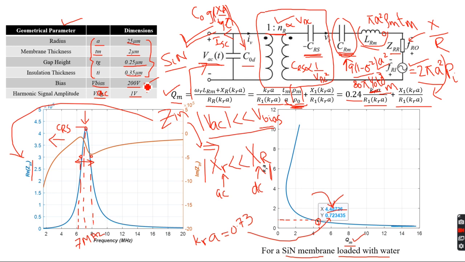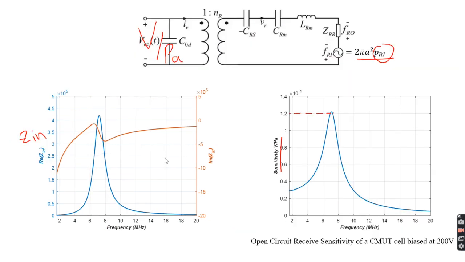It's not being driven by a harmonic signal. The harmonic signal driven was when you calculate Zin. This is just for the incoming pressure in the medium, that you have this kind of open circuit receive voltage response versus frequency. At the resonance you have the maximum open circuit receive voltage sensitivity, about 0.12 millivolts per pascal.